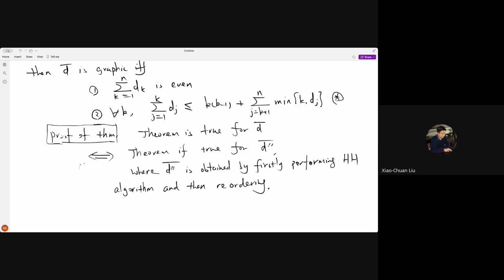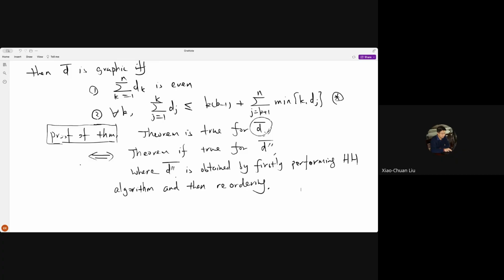The proof of this equivalence is by the proposition. You use the proposition to prove that D bar is graphic if and only if D prime bar is graphic, and if you reorder the sequence, it's just the same as reordering the vertices, so it doesn't affect whether the sequence is graphic or not.